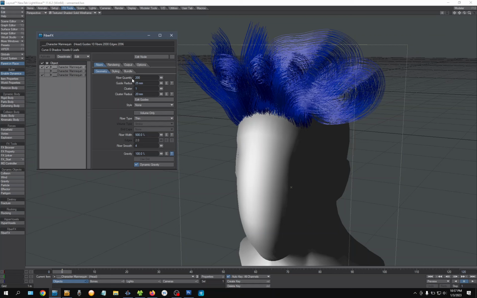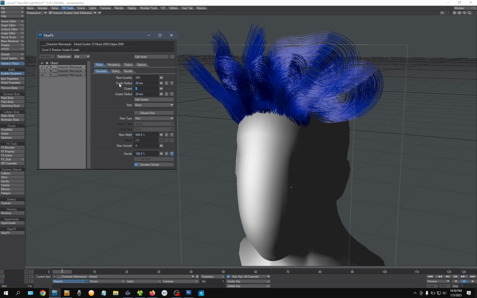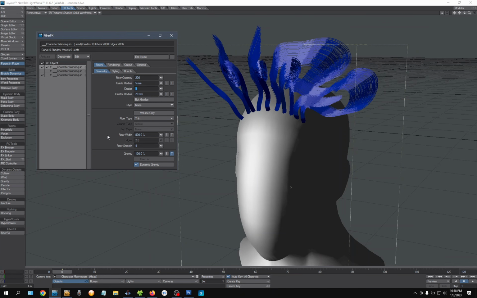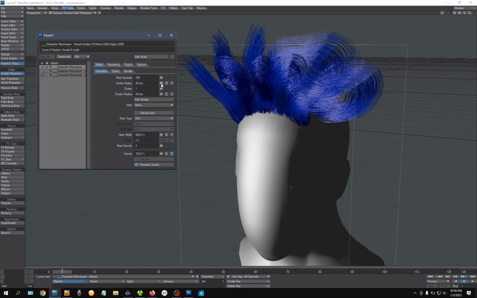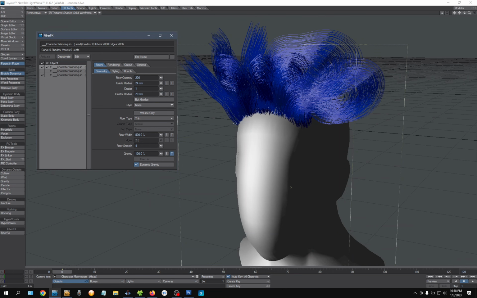So, okay, but here you can see that we will get some dollhair effect unless we pump that up. So, yeah, and there's really no way to use, I mean, if I didn't have guides, then I would have an option here and I could cut away some of the hair.